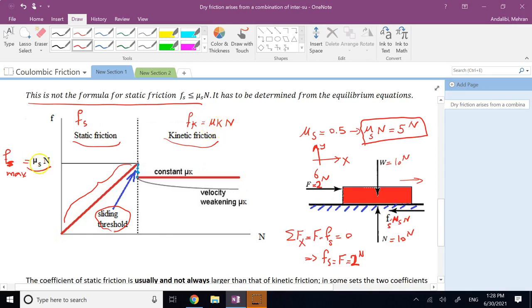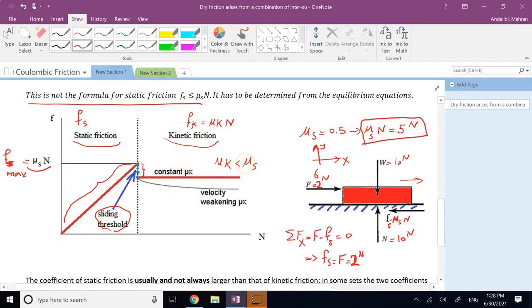This mu s was the coefficient of static friction. Typically, mu k is less than mu s, which means when the object starts to slide, you're going to have a drop here. Because this is mu k times n, that is mu s times n, that peak point. So you will have a little bit of drop in the friction.